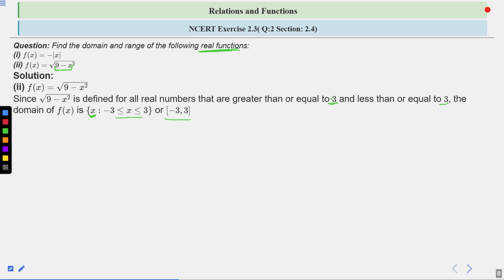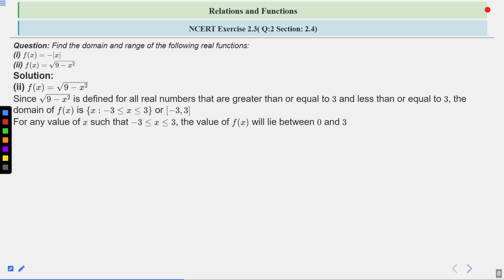Clear? So this is the reason why I am taking these real numbers as my input. Whenever you have to answer for domain, just look for those values of x you can put, those values of inputs which don't contradict anything. Clear?